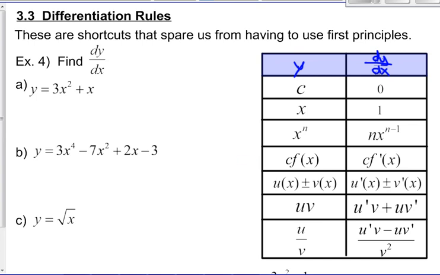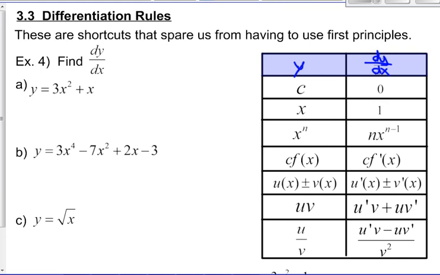The next one right here, this is saying if you have a constant times a function, then your derivative is going to be the constant times the derivative of that function, which is just as you would expect. The next one, the sum and difference. So for the sum of two functions, their derivative is just the sum or difference of their derivatives. So that's exactly as you would expect. There's not a whole lot of surprises here in the first 5.